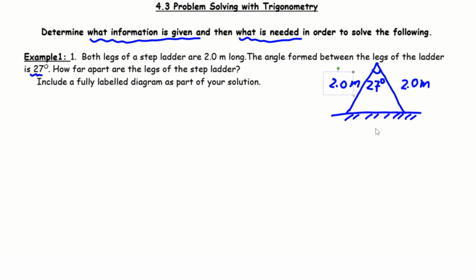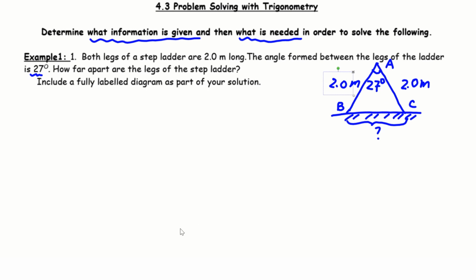It asks you how far apart the two legs are. So for this question, we have a triangle and we want to label it A, B, C. You could use other letters, and you could label it in either direction. It doesn't matter.